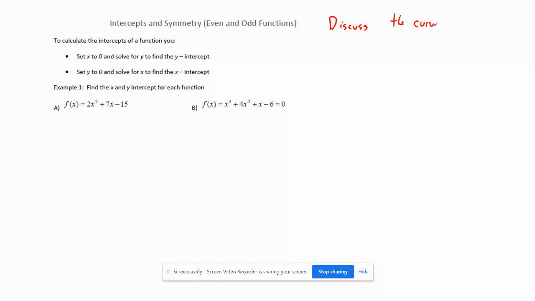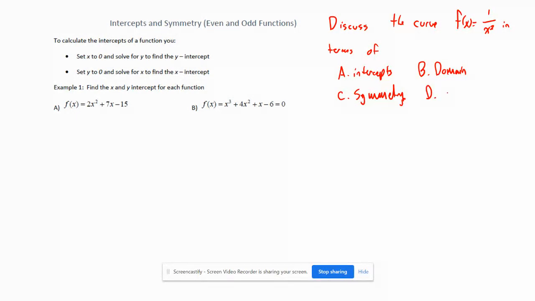Discuss the curve f of x equals, say, 1 over x squared in terms of: A, intercepts; B, domain; C, symmetry, talking about even or odd functions over here.